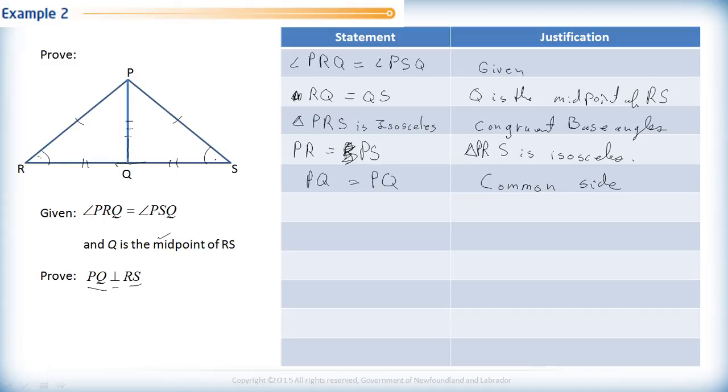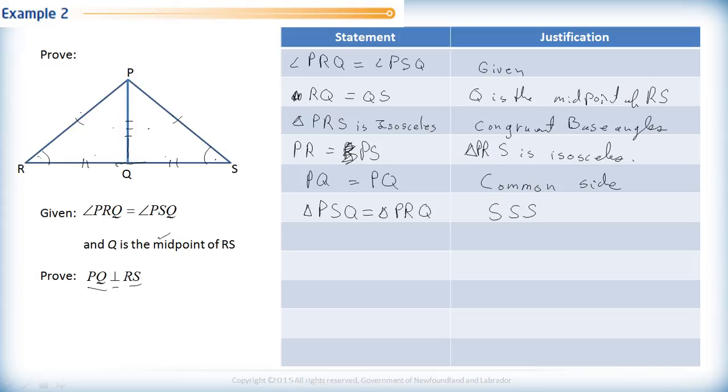Okay, so since we have that common side, then now we know that we have three sides the same on both triangles. So we can say that triangle PSQ is congruent to triangle PRQ, and that's because we have side, side, side. Okay, so our triangles are congruent.